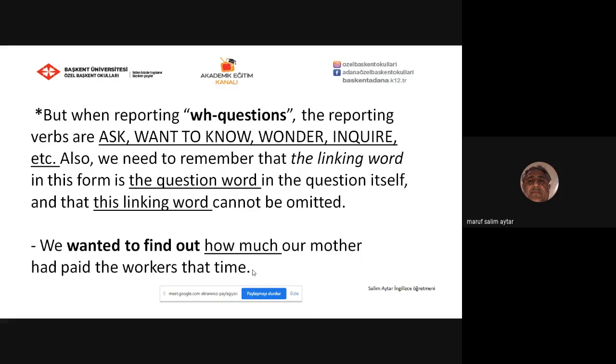Like in the example, we wanted to find out how much our mother had paid the workers that time. Here, how much is obligatory. You cannot omit it. You have to put it here.